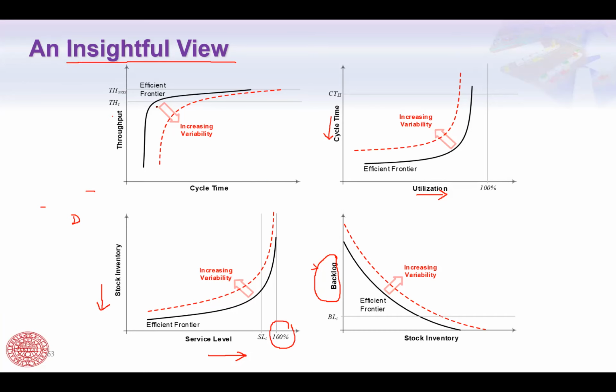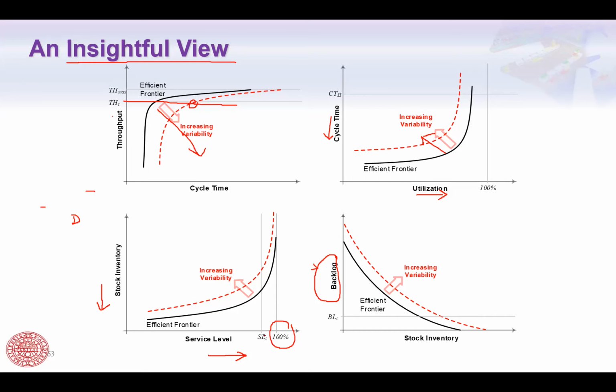Because when you increase any variability of your system, your optimization result will show the system degrade. Why is this degrade? Because now with the same throughput, if you cut a line here, as we discussed last time, it costs you much higher cycle time in order to achieve the same throughput.